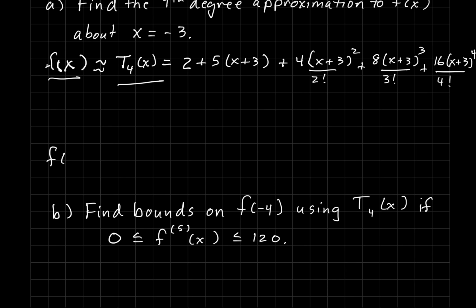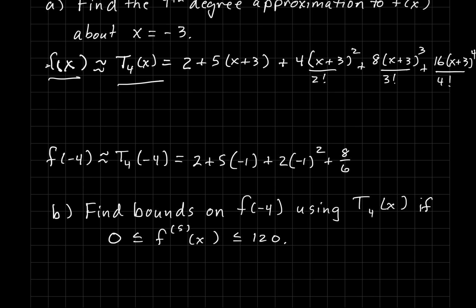So I can say that f of negative 4 is approximated by T sub 4 at negative 4, which is 2 plus 5 times negative 4 plus 3, plus 4 over 2 factorial, I will simplify that down to 2, times negative 1 squared, plus 8 over 3 factorial, okay, 3 factorial is 6, simplify more if you want to, times negative 4 plus 3 cubed, plus 16 over 4 factorial, which is 24, times negative 4 plus 3 to the fourth power.